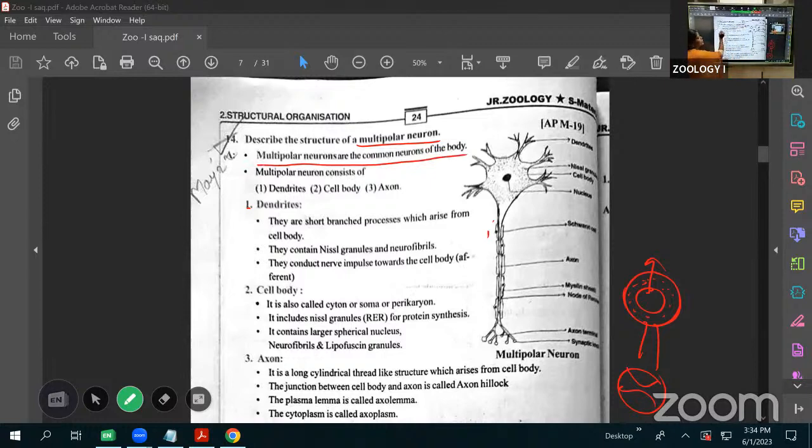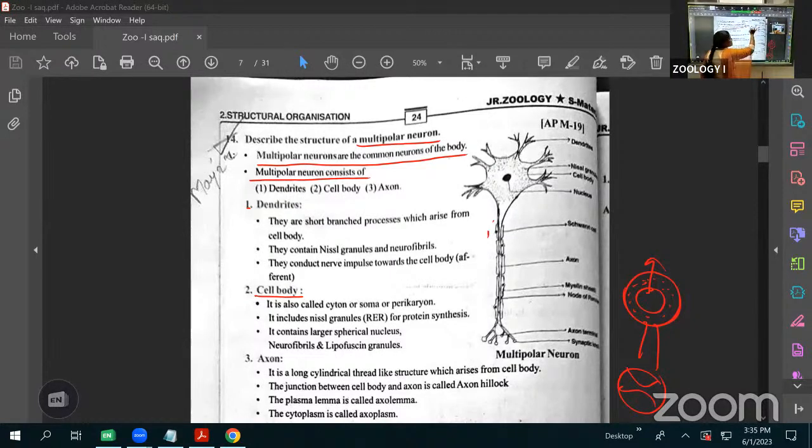What is the structure of the multipolar neuron? It mainly has three structures. The first one is the cyton. The cell-like structure that we call the cell body is also called the cyton, or the perikaryon.